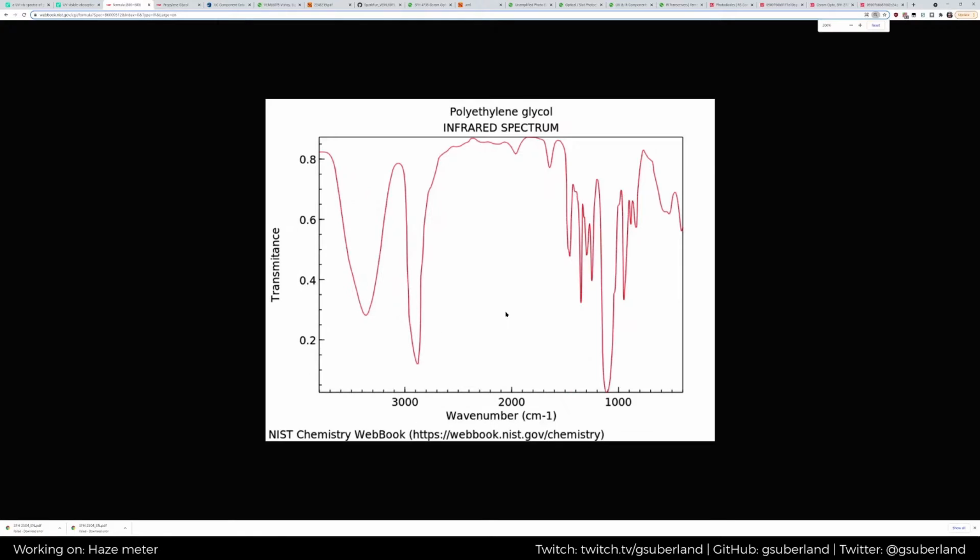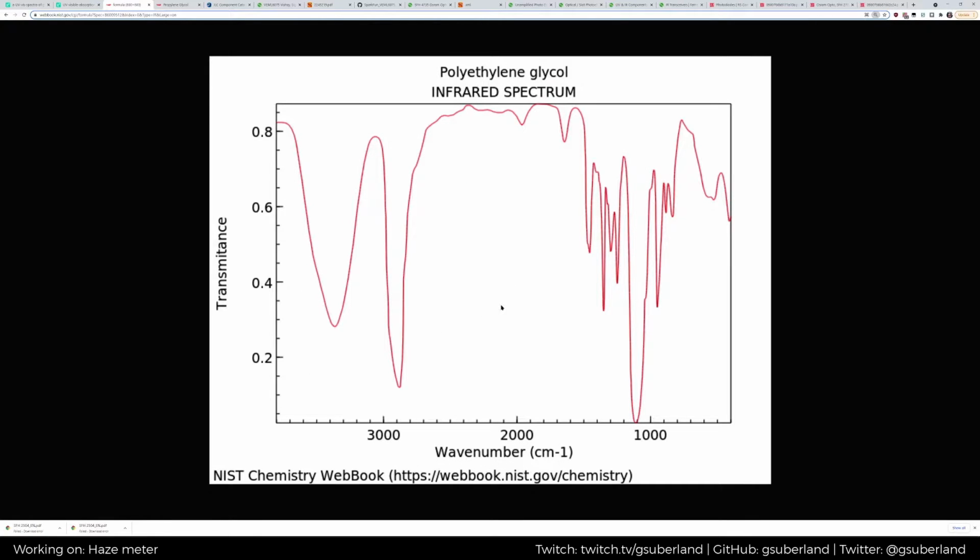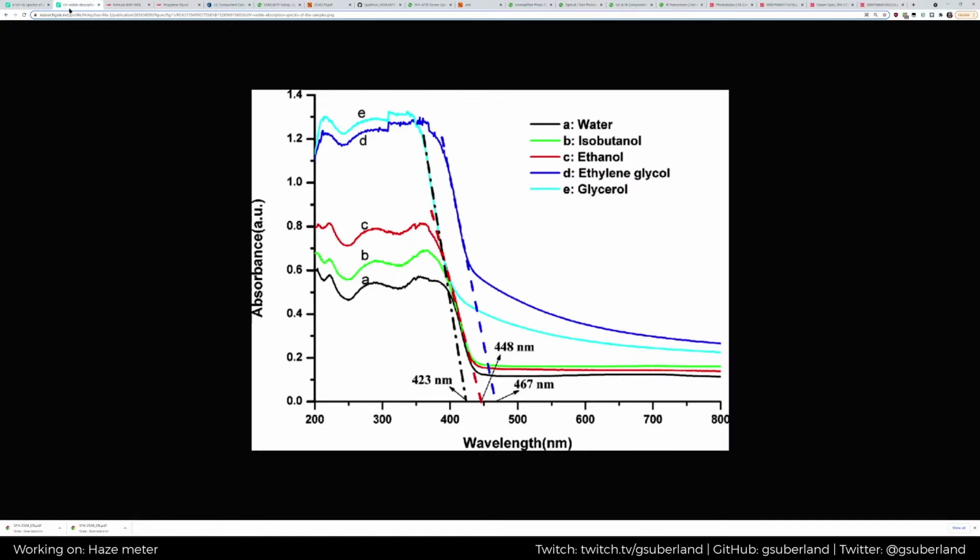I'll zoom in slightly because I think this is getting crushed a bit by the stream compression. But you can see here there's this wonderful peak around 1080 to 1140-ish nanometers, where the transmittance just goes... So this is reversed from here.